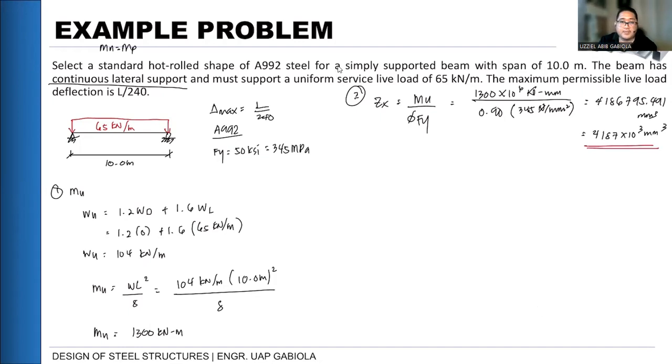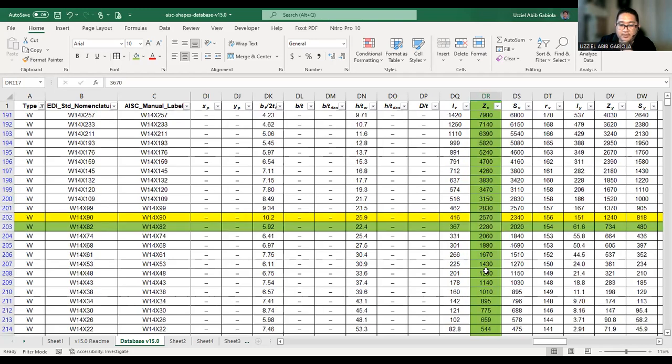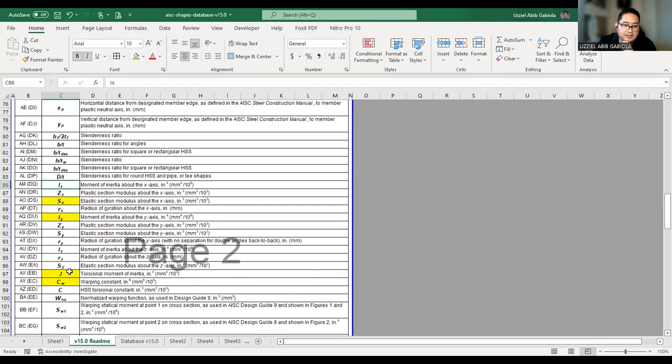Okay? So, going back dun sa ating table. Again, yung value natin is 4187. Itong ZX natin dito, as you can see, ito yung mga values niya. So, starting from the bottom. Tingnan natin yung ZX. Yung ZX natin, pag tinignan natin ito sa readme, ang unit niya is times natin ng 10 cube mm cube.